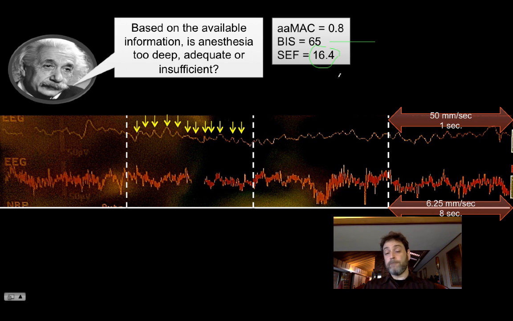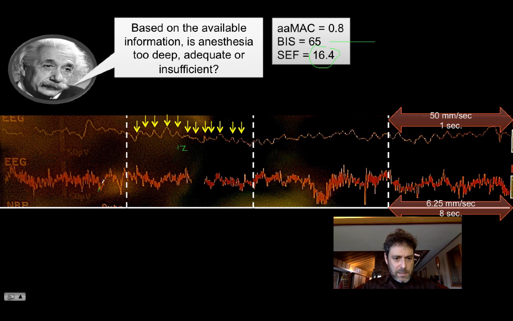So we could say, let's crank up the volatile, but rather than doing that, let's examine the EEG waveforms ourselves. So let's count the spindles, 1, 2, 3, 4, 5, 6, 7, 8, 9, 10, 11, 12, 12 Hertz. So we're kind of at the upper end of the alpha range, heading into sigma territory.